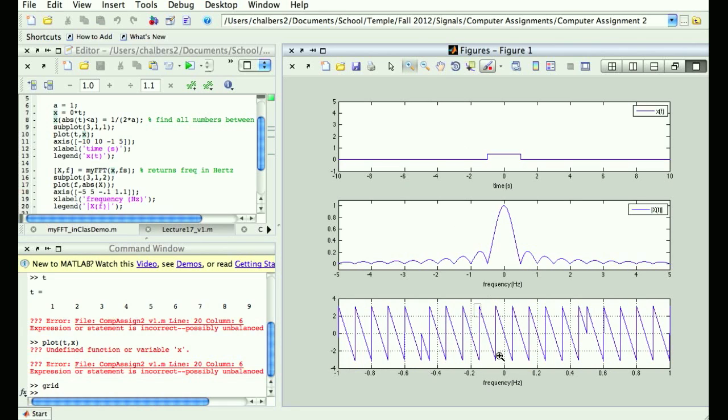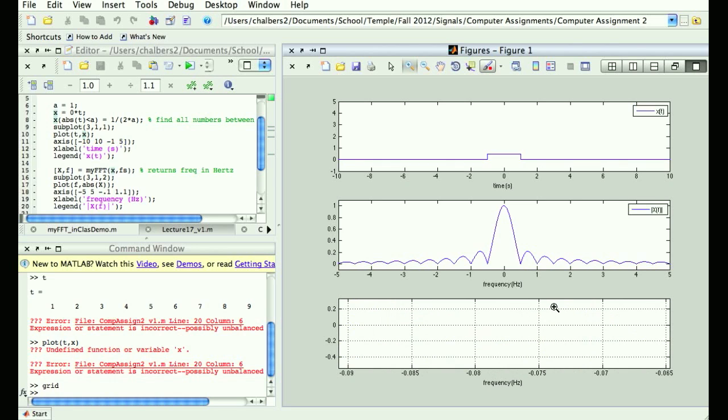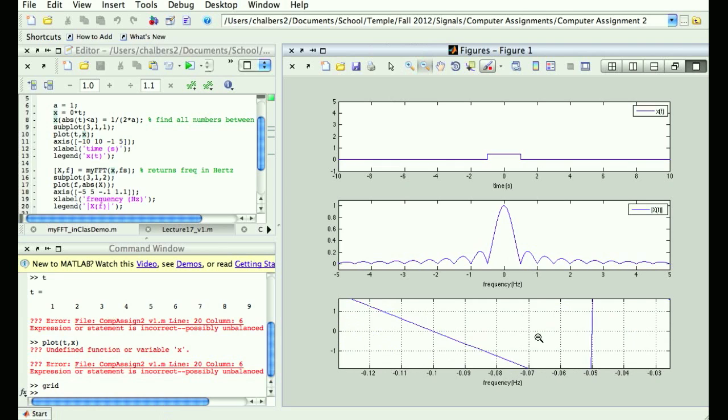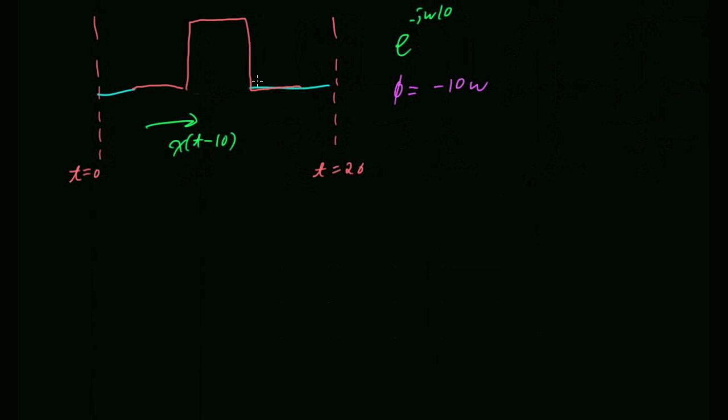It's going from pi to minus pi over a duration of 0.1 seconds. Who said seconds? Hertz. Seriously, I want to make sure we can make this work out. So it went from positive pi to negative pi, a total distance of minus 2 pi radians.